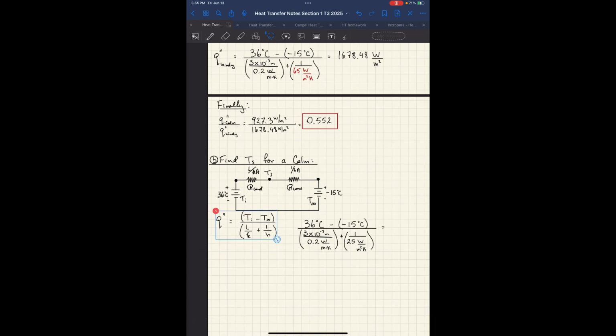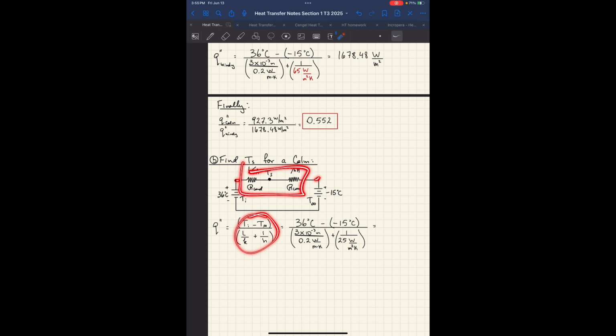I'm abusing copy and paste right now, but it's just to save time. There are a lot of problems to go over. So basically it looks something like this. This is your Ti minus T infinity divided by the sum of the two resistances. You do your little finesse to get your flux, and then you can plug in your values and we get the flux. So we already actually had this number, but we need it because now we're going to use the electric circuit to help us find Ts.